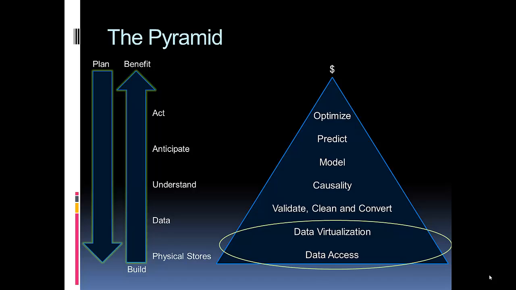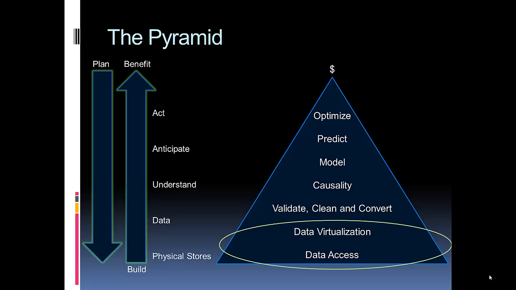And then go down through that process of identifying what needs to be optimized, and that should be based on what kind of information and where is the data, etc. So you want to do top-down planning and bottom-up implementation. So to build the solution, once you have your plan, you want to go from the physical stores up through data, understanding, anticipation, and taking action to deliver the benefit.